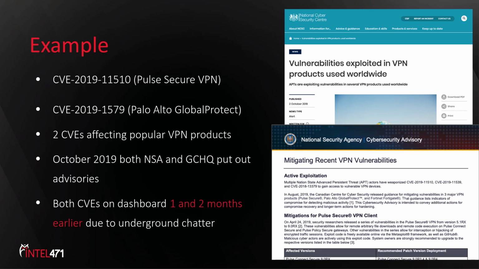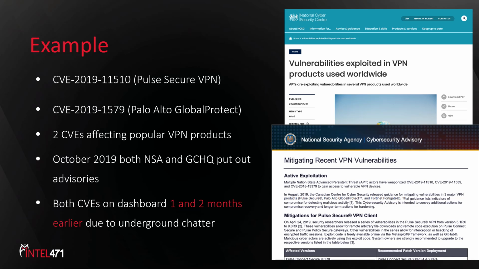So both those CVEs started to trend highly on our vulnerability intelligence between 1 and 2 months earlier, because we already saw an uptick in underground chatter and in actors becoming extremely interested in these vulnerabilities. So customers who were keeping an eye on those dashboards would have put patching those vulnerabilities high up on the list, and so were beating the actual exploitation by about 1 to 2 months, which is a very nice situation to be in.